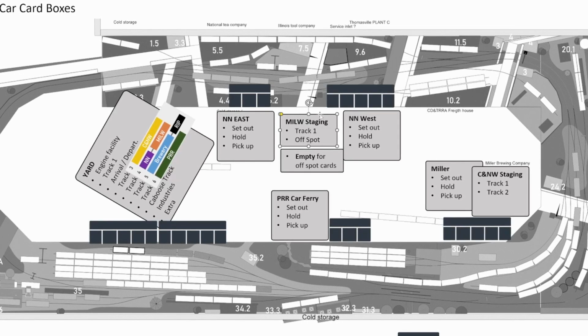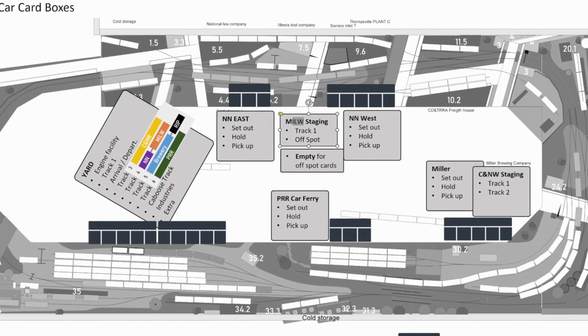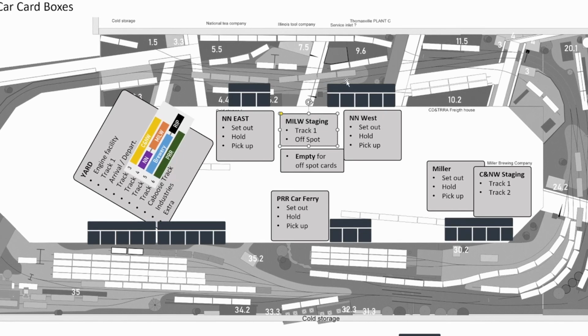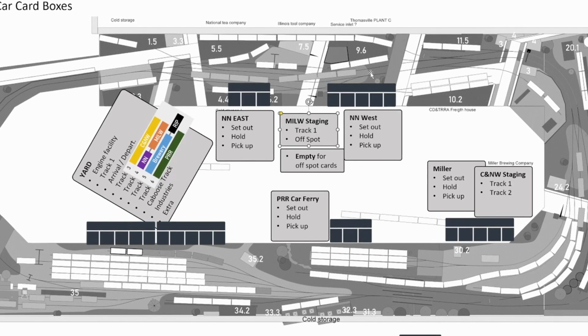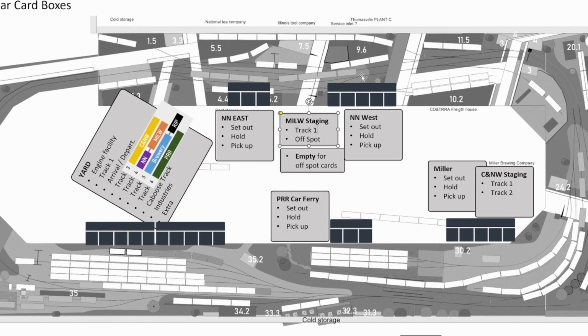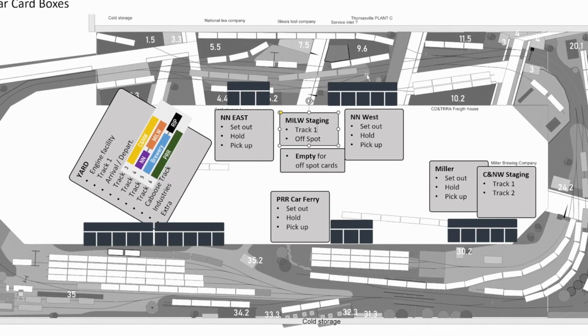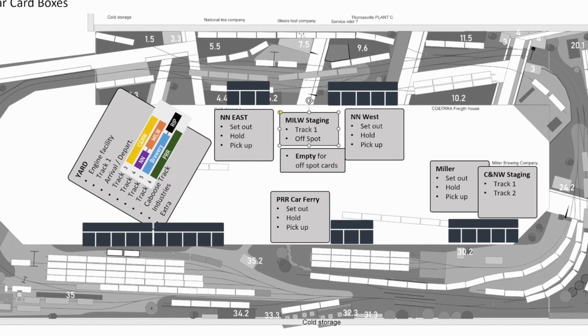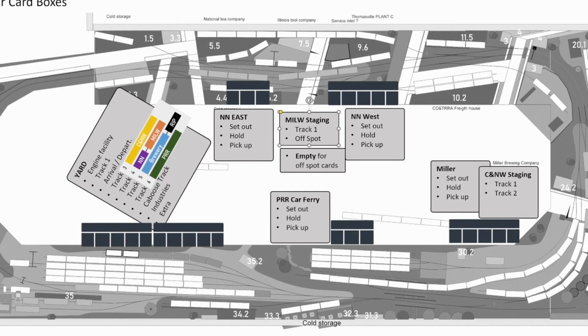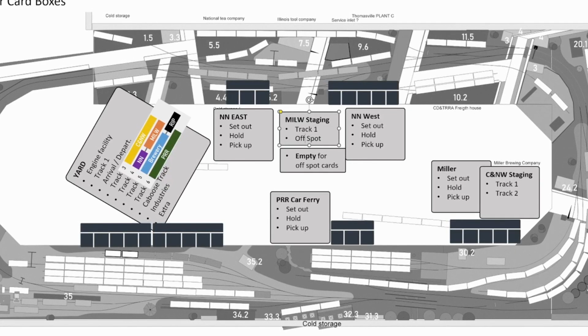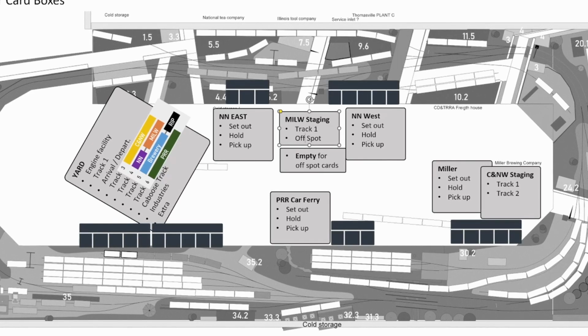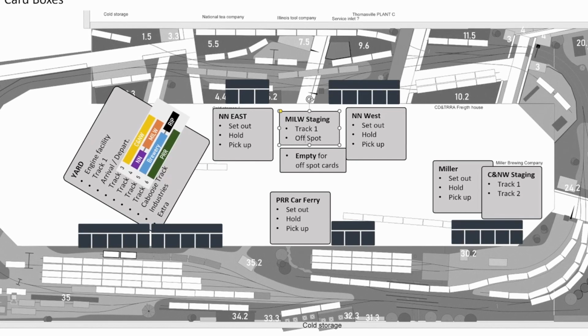And then later, when the dedicated job for the Milwaukee comes by, it will pick up these cars that are off spot, that are just hanging around here, waiting to be placed on the interchange track on the staging. We'll pick those up and put them in staging. So that's why I have that. So enough about off spots for now. We'll talk about that a little bit later again.